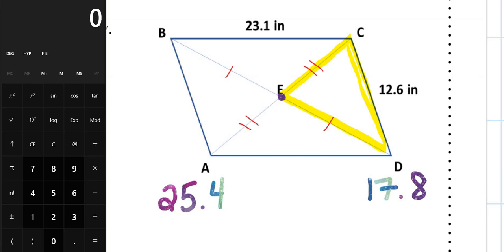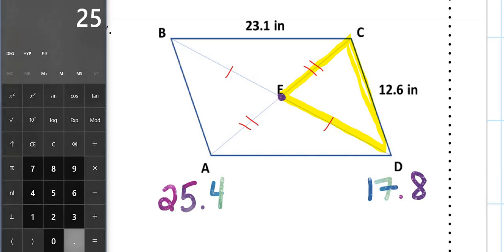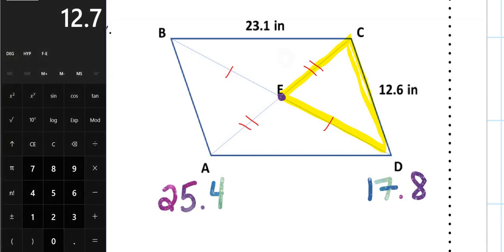So for example, if I wanted to get EC, EC is half the length of the whole diagonal AC. So I'm going to take 25.4 and divide it by 2. 25.4 divided by 2 is 12.7. Okay, so 12.7 is going to be the length of EC. It's half the entire diagonal. AE would also be 12.7, but that's not really what we care about.